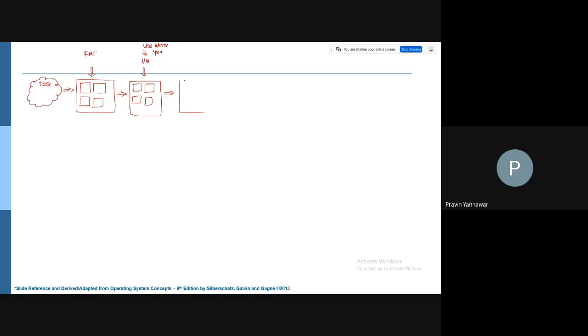Then you have a register called PMT. Then with PMT you have got again an information called the memory block table.